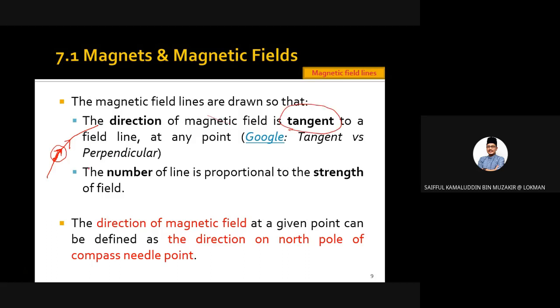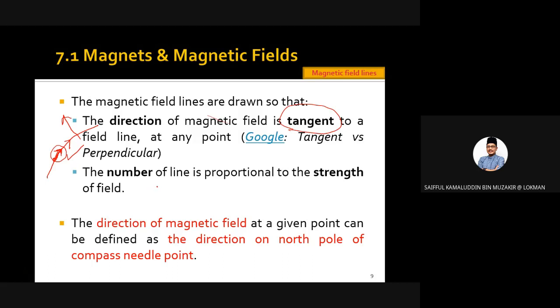If normal, it is like this. The compass doesn't show the direction normal to the magnetic field line. It follows the tangent of the magnetic field line. So this is the compass, showing the direction of the magnetic field. The number of lines is proportional to the strength of the field, similar to the electric field lines.